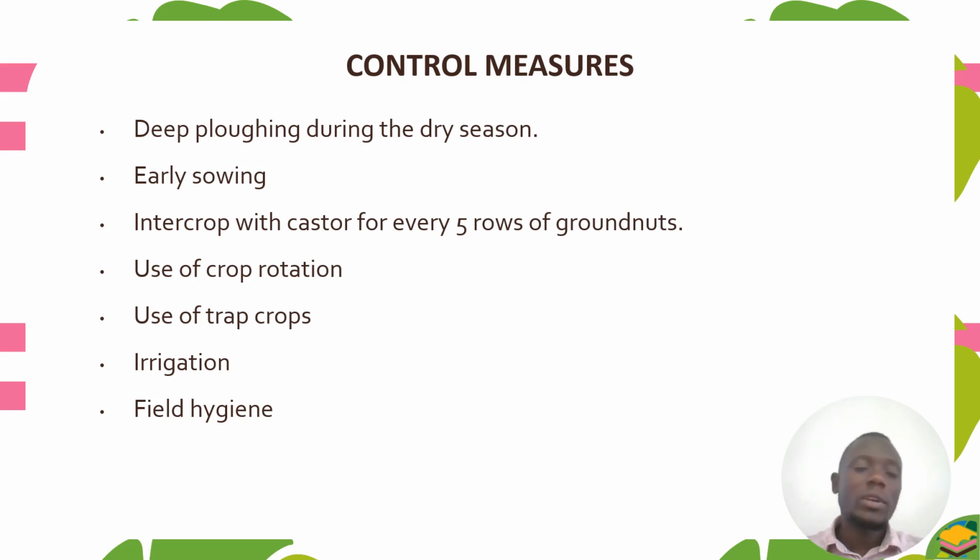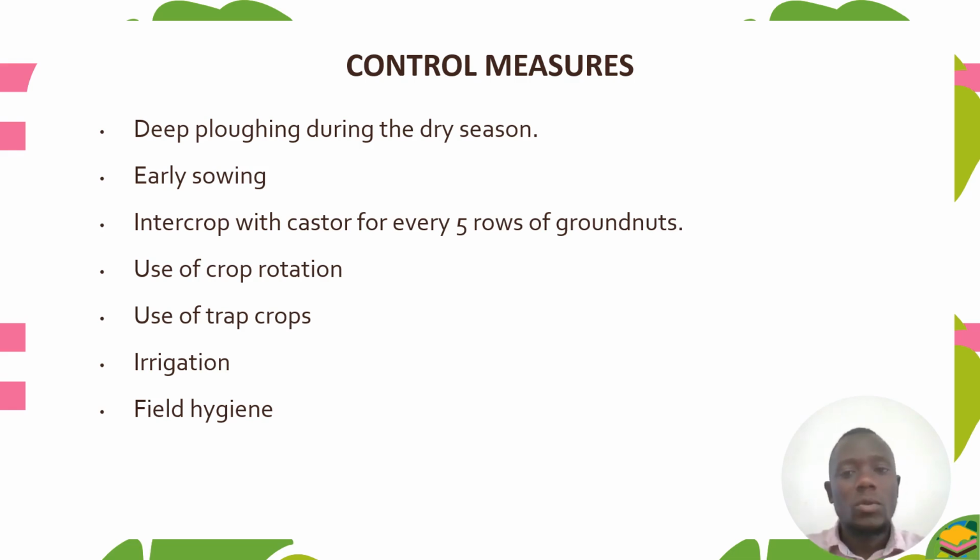Therefore, that sun will kill them. Also, if you deep plow, you expose them, therefore some of the birds will be picking them. So that's one way of controlling red hairy caterpillar.